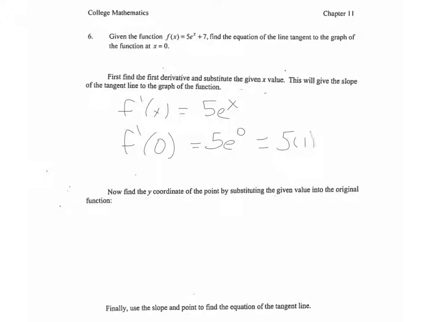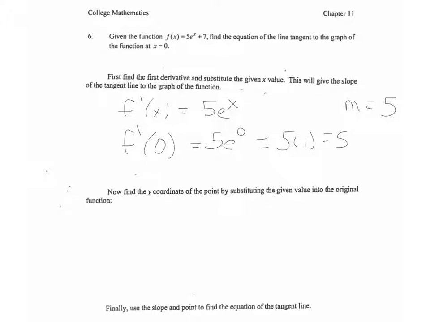Excellent. 5 times 1 is 5. So the slope is 5 at the point x equals 0. Does that make sense? Good deal. Even though it was exponential, we were still able to get a numerical value for slope.